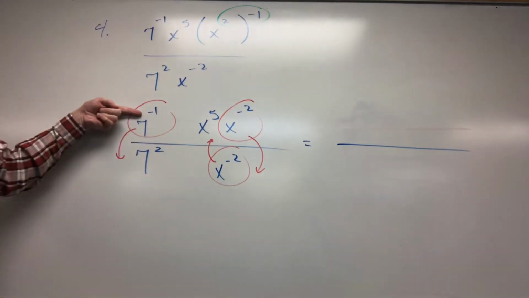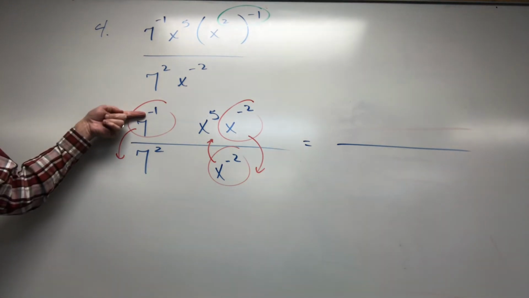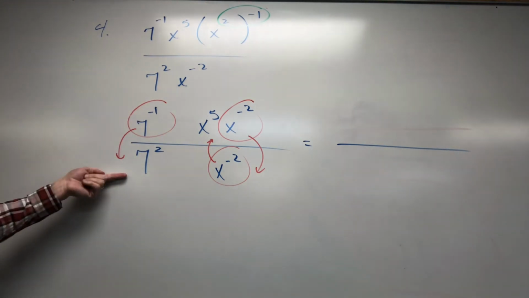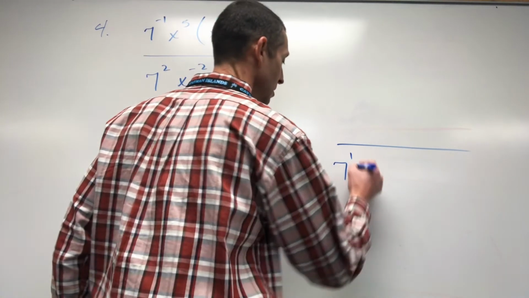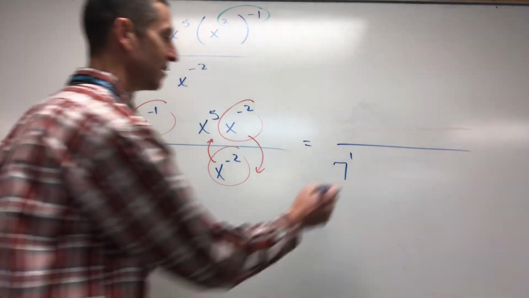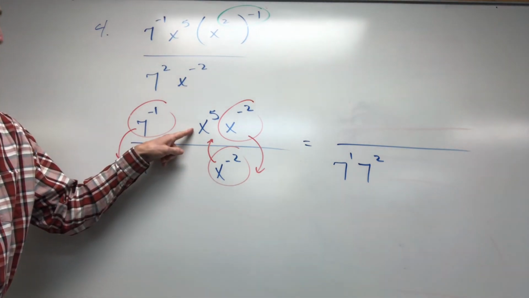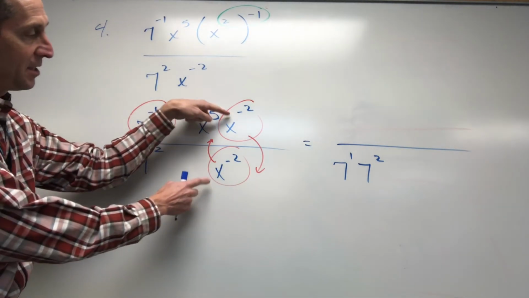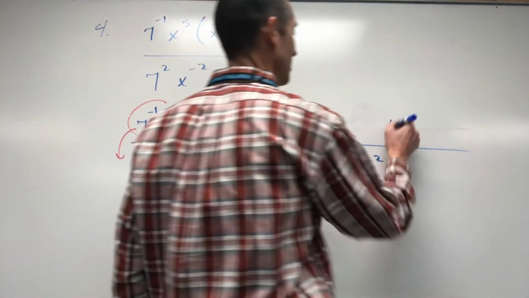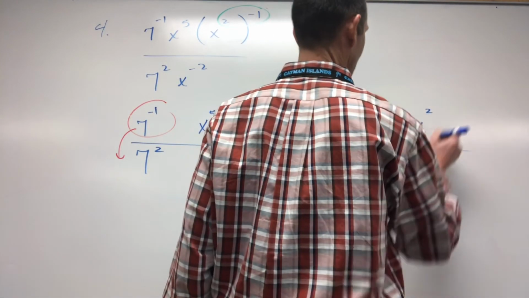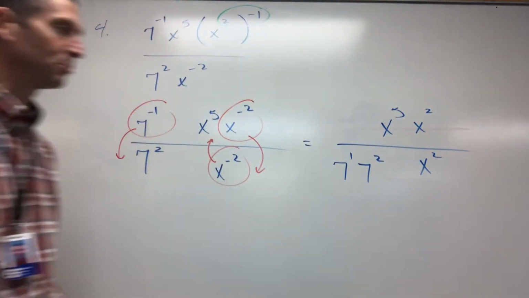So if it's up top and I move it down, that changes its sign. If it was negative and I move it down, that makes it positive. Same thing on my x to the 5th. He's not going anywhere, but these two guys switch. Now we're looking pretty good.